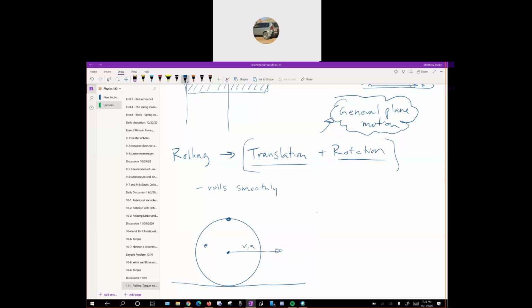Put it over here. If I wanted to describe this point, let's call this point P and this point Q. I could draw a vector from R to Q and a vector from R describing, we call this the center of mass. We can say P with respect to the center of mass.